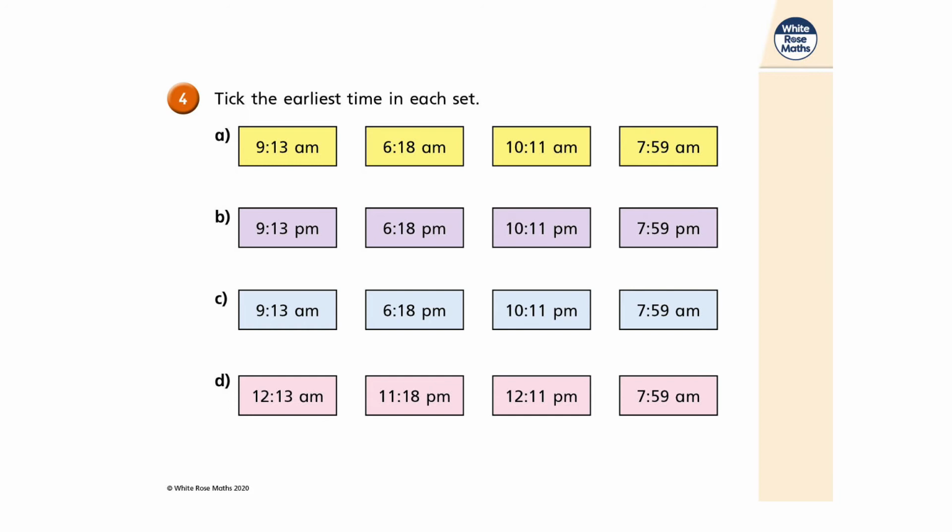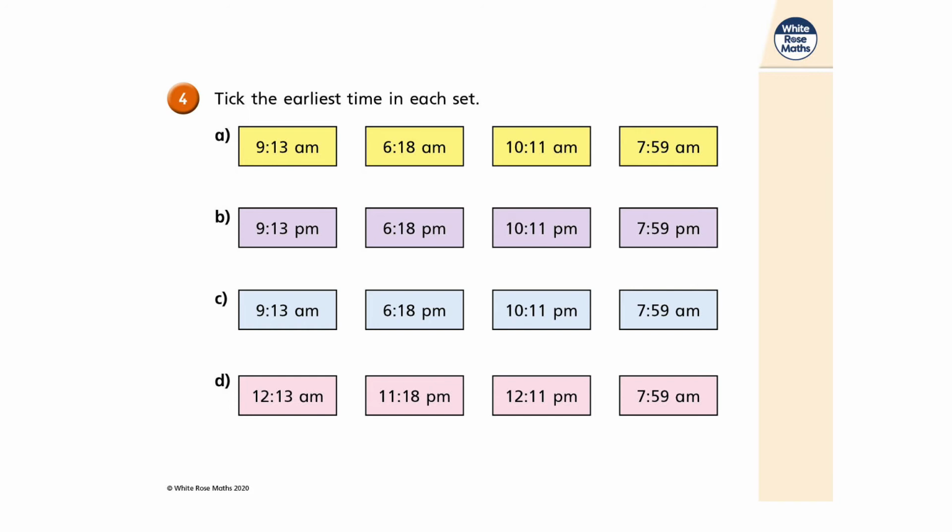It's the same with B, they're all PM. But C and D are all mixed, they're both AMs and PMs. So if I was putting it in from the earliest time, would it be AM or would it be PM? Yeah, it would be AM. So I'm going to have a look at AM. I've got 9:13 AM or 7:59 AM.